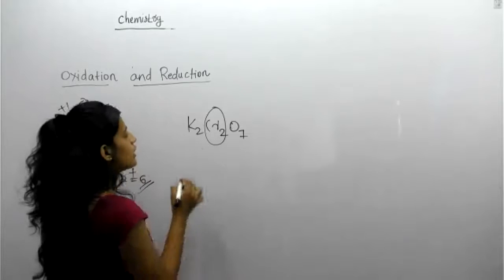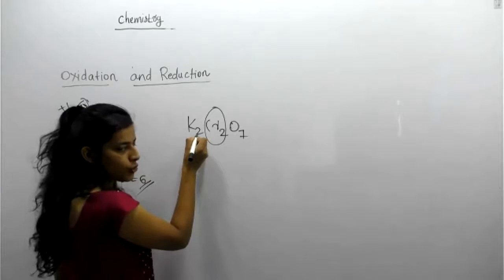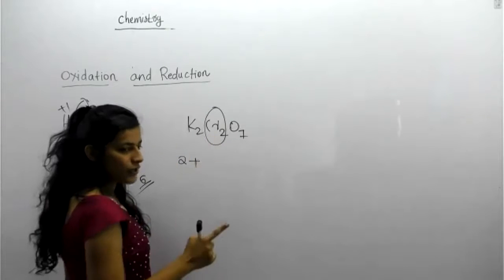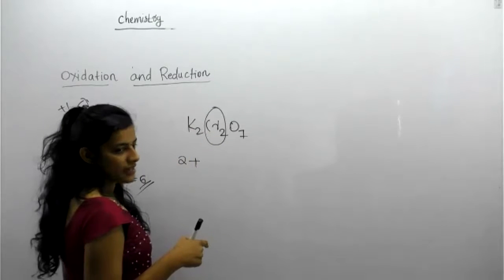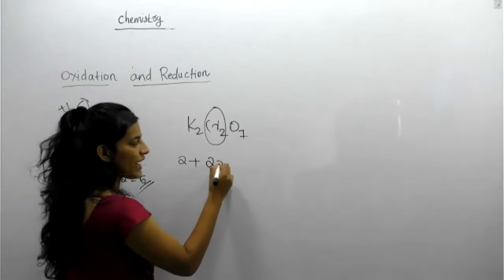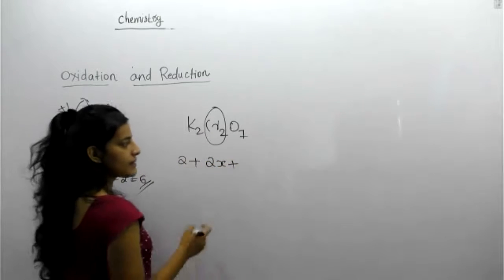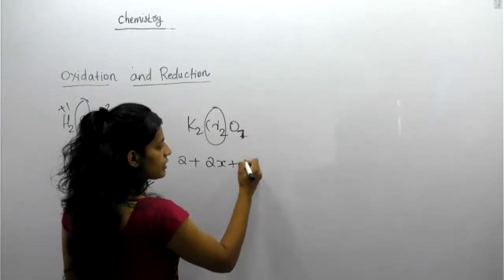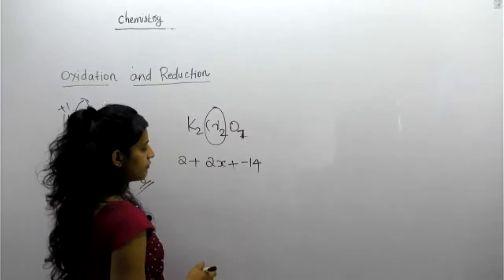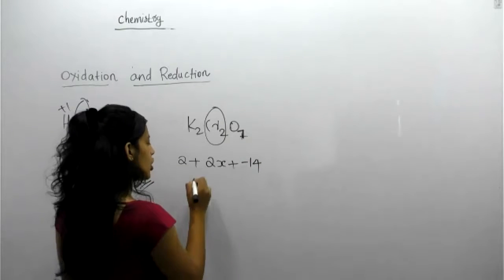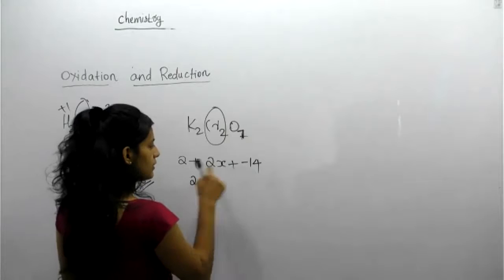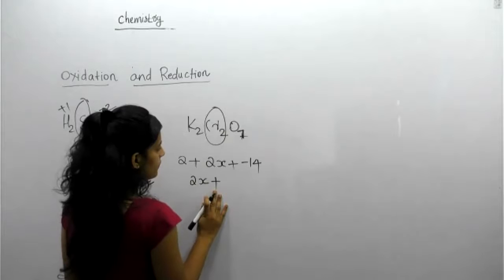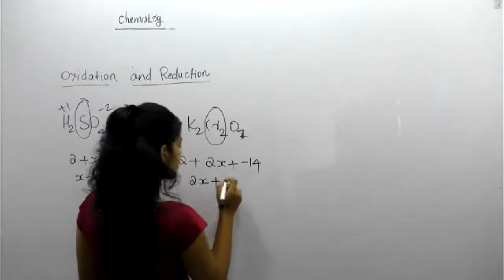We can check. So here potassium is 2, so 2 plus chromium. For 1 chromium it is X. 2 chromium are there, so you substitute 2X. Plus 14, right? 14. So 2X plus 2, 12 is there.